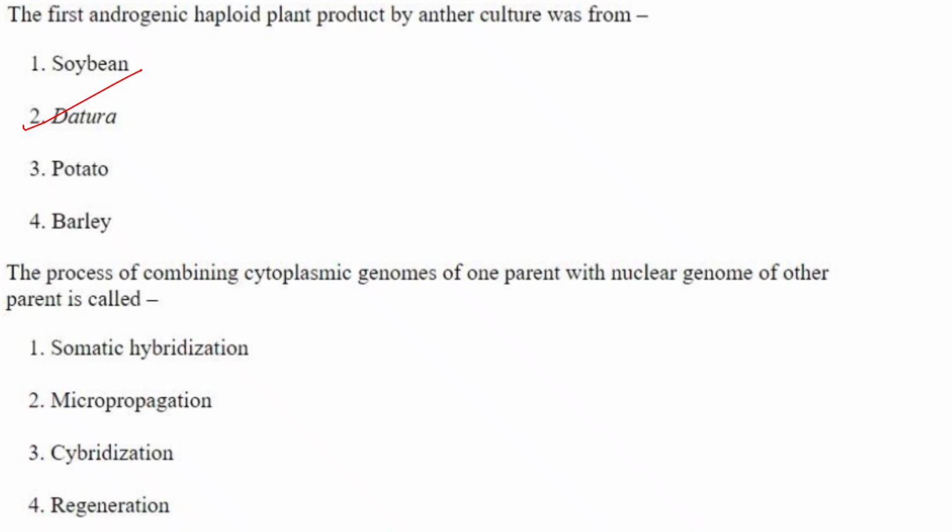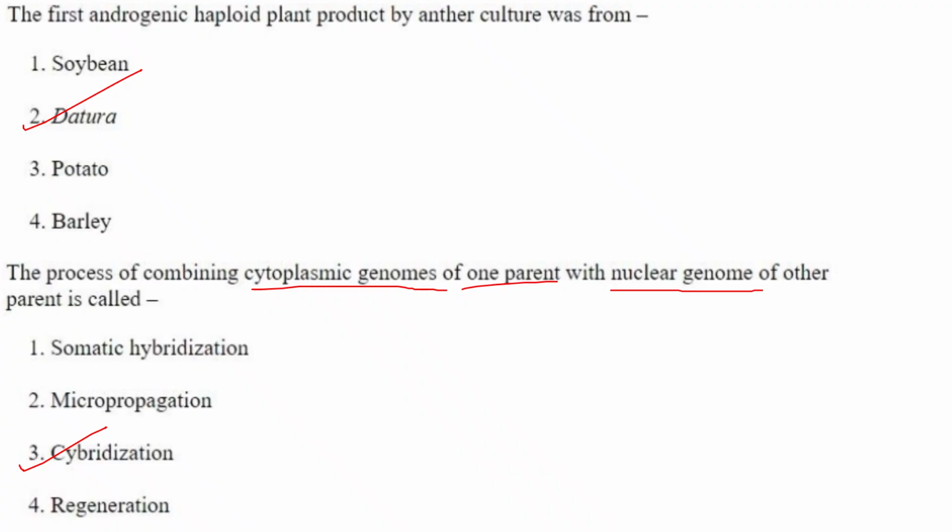Then the process of combining cytoplasmic genomes of one parent with the nuclear genome of another parent is called cybridization. So here you are combining the cytoplasmic genome, that is your mitochondria and chloroplast, from one parent, and the nuclear genome of the other parent.